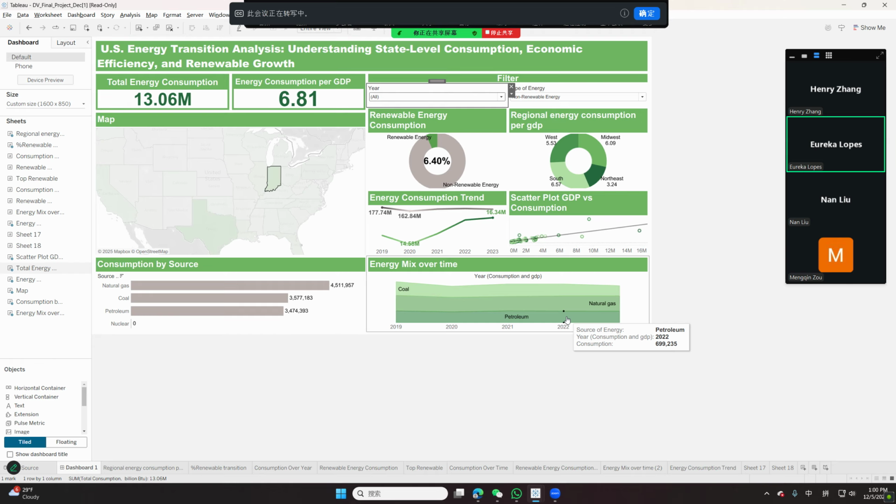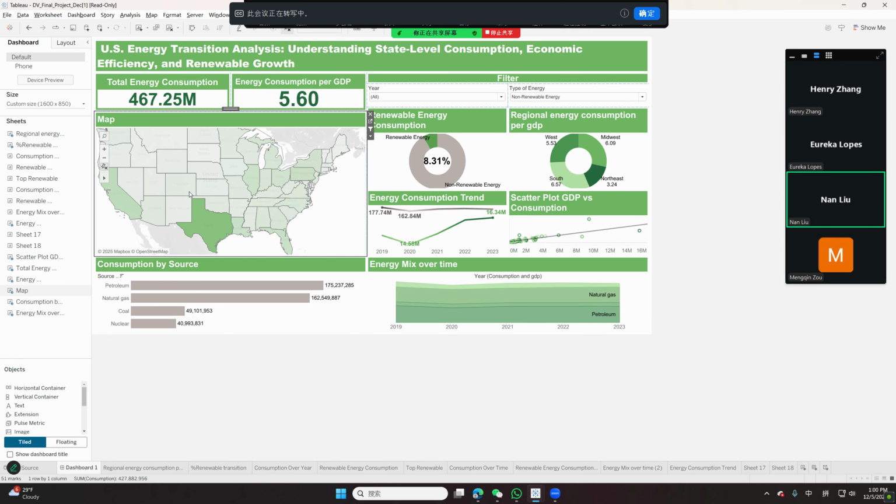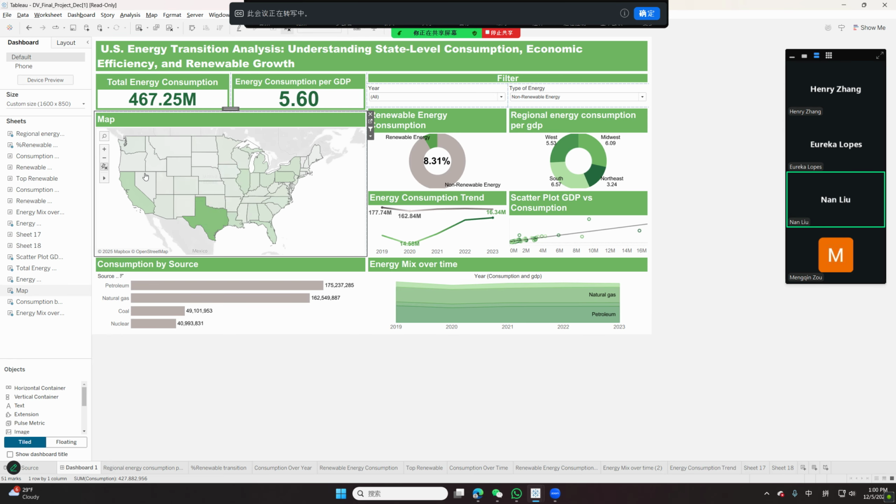The fourth is we need the filter for the states. Right now we do not have the filter. We can just click the states in the map and the others will change. What do you mean?